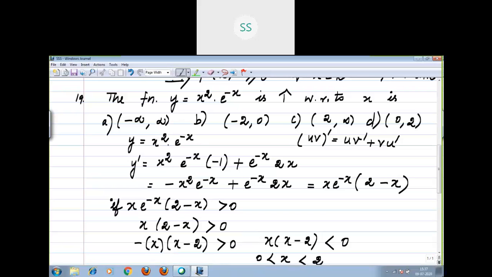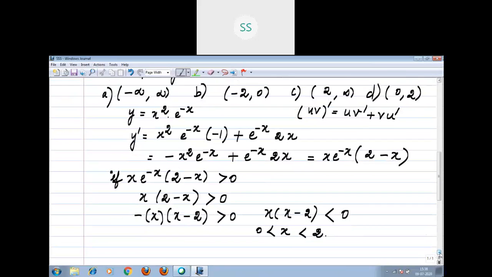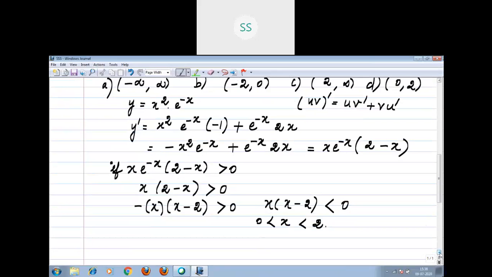But in the question it is increasing. So what is your conclusion? In your question it is given as the wrong answer, that is the open interval 0 comma 2. But it should be the closed interval 0 comma 2. Why? Because in the question it is given as increasing. They didn't say strictly increasing.